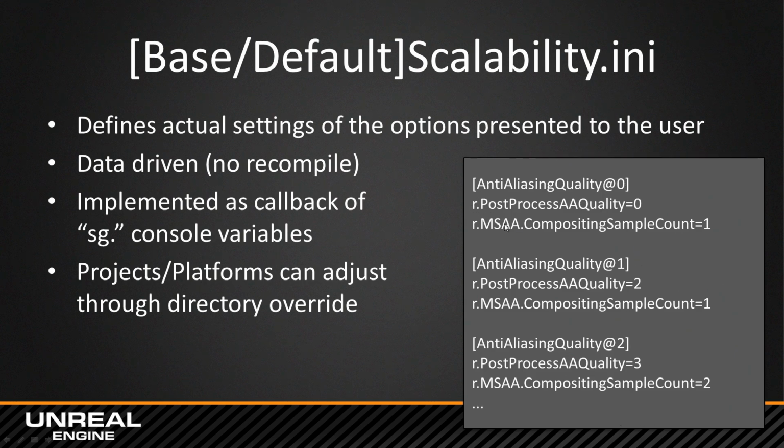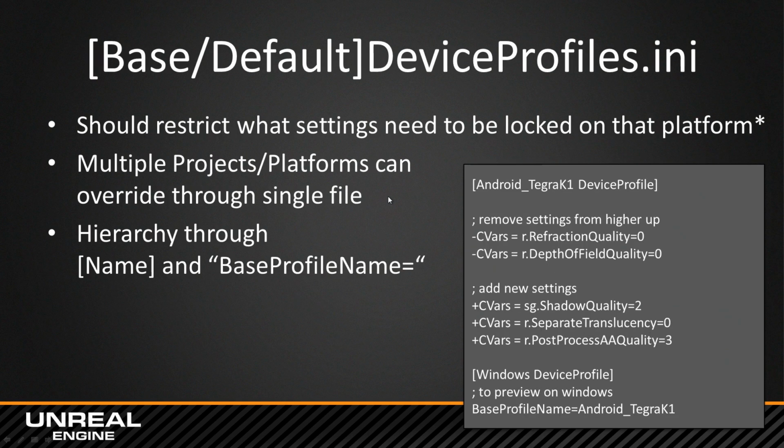So it changes those console variables. That's a data-driven way, so it means it's not in code. Means you don't have a recompile that you need to do. You just restart the engine and then those settings are applied. This is very useful to look at. You don't have to change it necessarily, but you see what those settings mean and what kind of scalability settings are available.